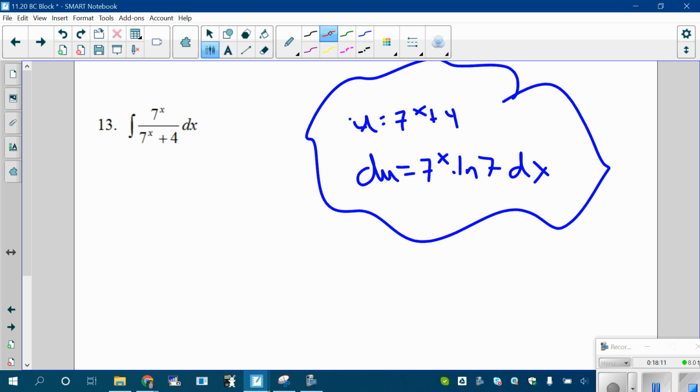So I'm basically going to end up getting one of these guys. I need to introduce an ln of 7, so I balance it with a 1 over ln of 7. And now I'm here. So the fact that the derivative of 7 to the x plus 4 involves itself allows you to use u sub here. Make the u the denominator and its derivative basically shows up in the numerator.